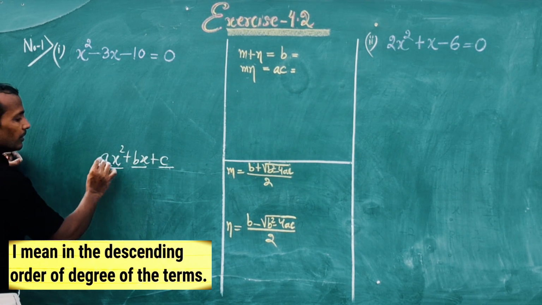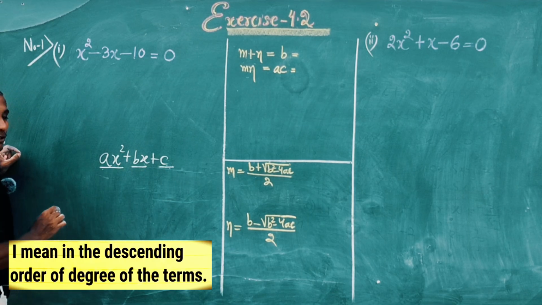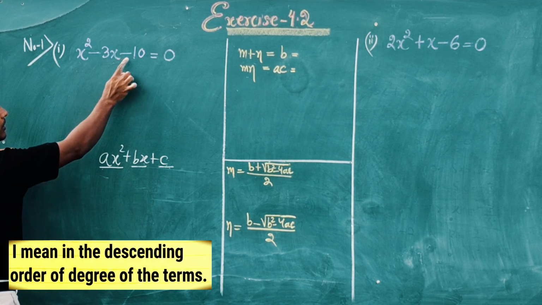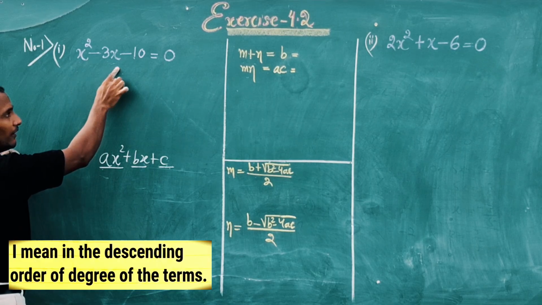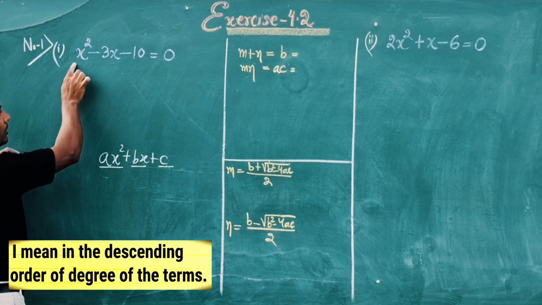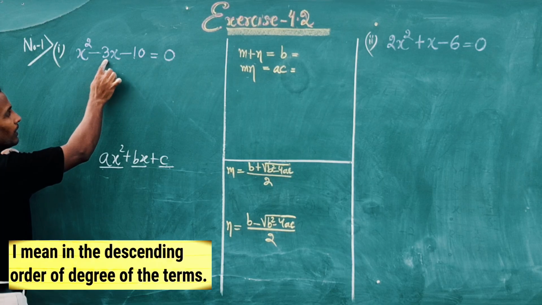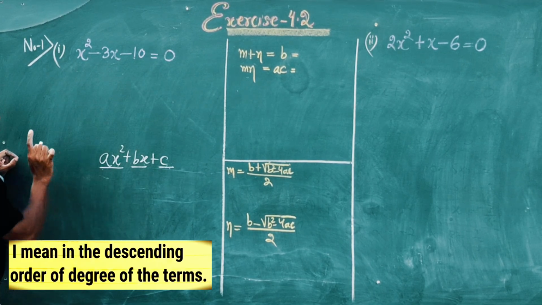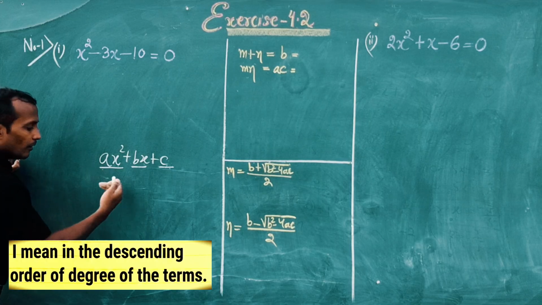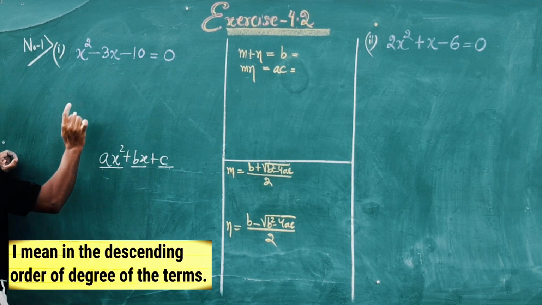In standard form we have the right order of the quadratic polynomial. So in this order we must check whether the quadratic polynomial is present or not. Is it present? Yes, the term with x square is in the first place, the term with x is in the second place, the constant term is in the third place. If it is given in another order, then you have to arrange it like this.